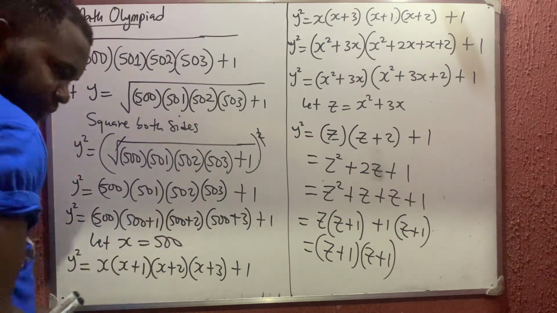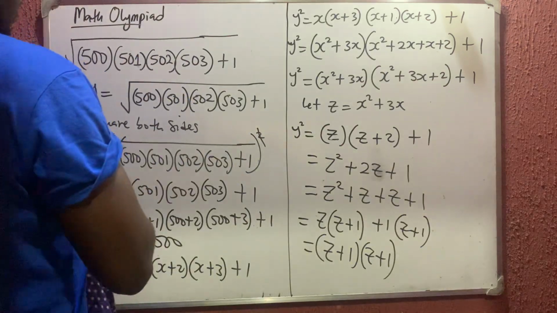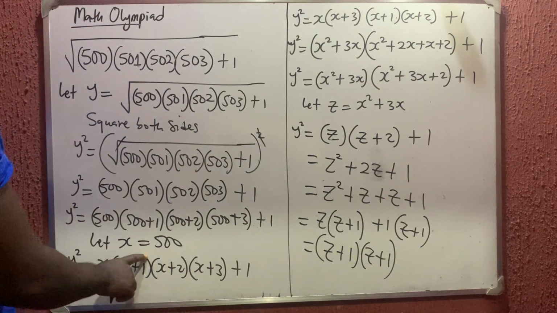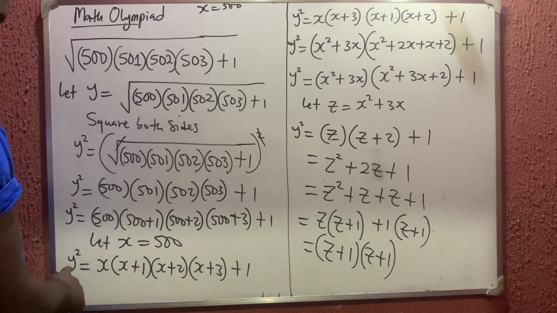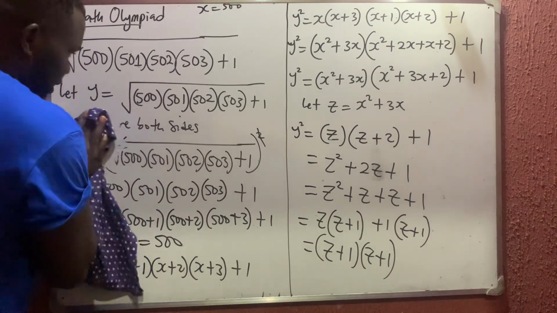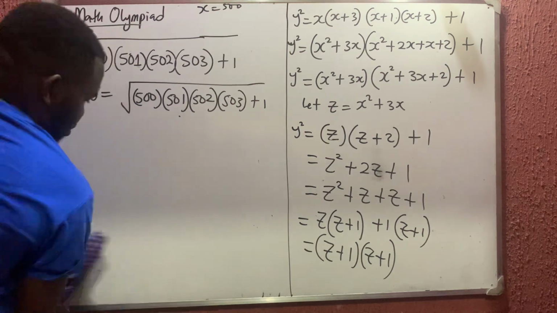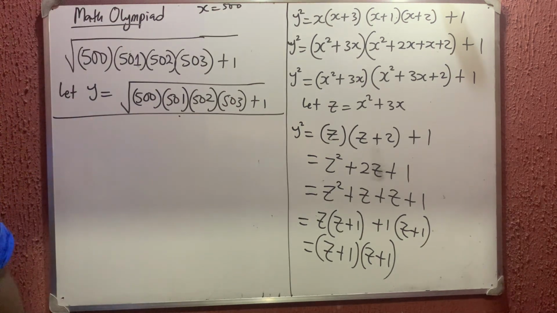Let me write the things we know. We know that x is equal to 500. Now, what do you think we are going to have?